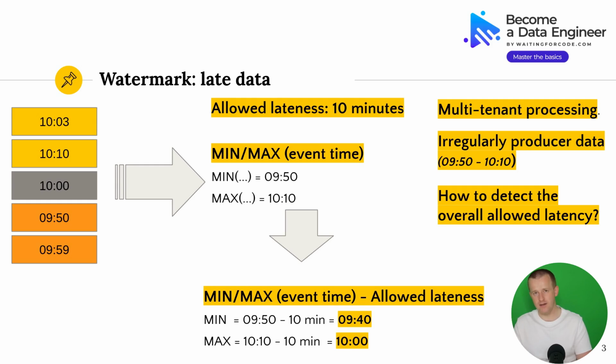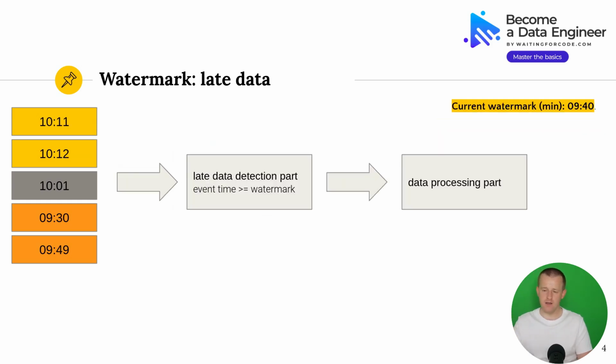And how does the watermark integrate into the processing? Before data processing there is a part under the hood fully managed by the data processing framework you use. Of course, here I'm covering the case where everything is ready. You can try to implement this strategy on your own, but it's extra code you will write.